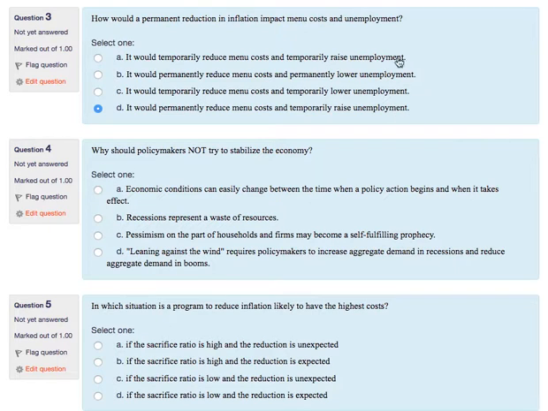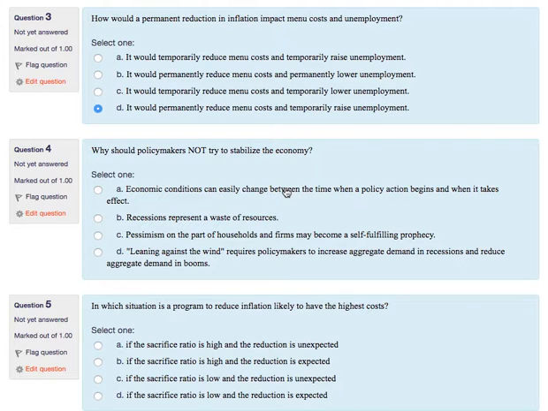It's the same kind of idea as the cost of reducing inflation levels. For a certain amount of time, it's going to lead to a certain drop in output, which is going to lead to a rise in unemployment. So a permanent drop in menu costs, but a temporary rise in unemployment.